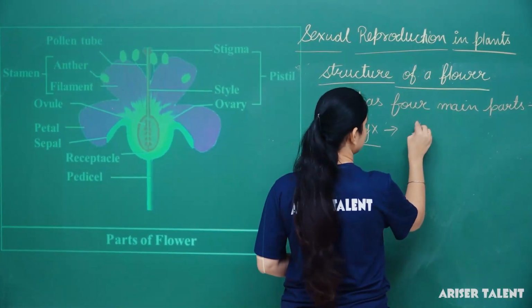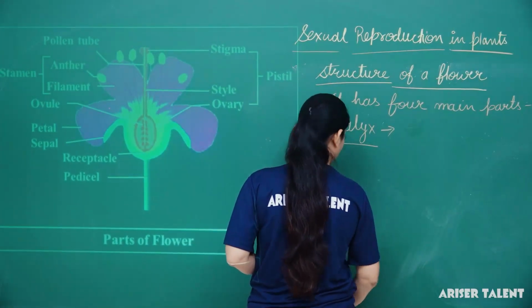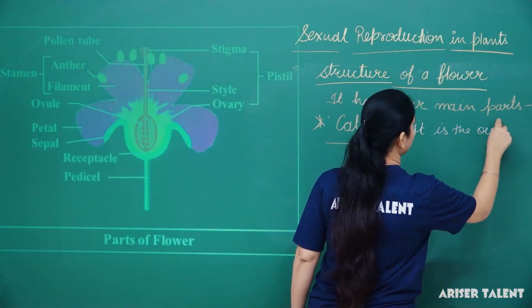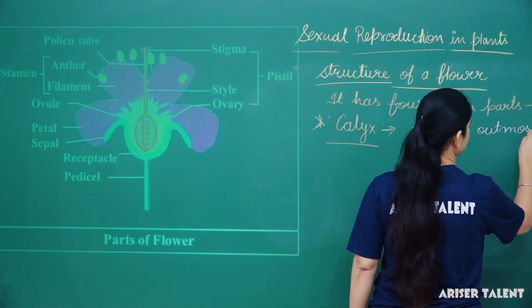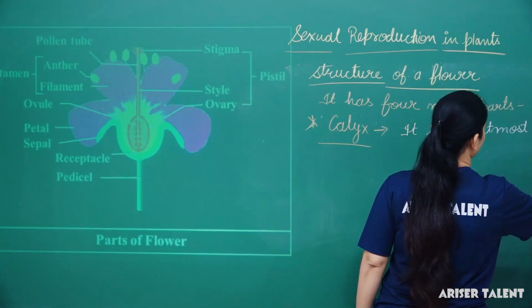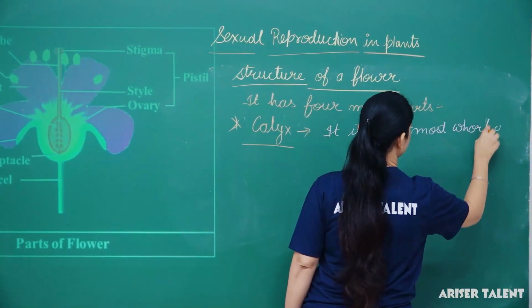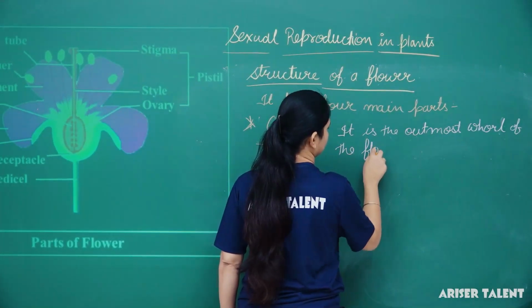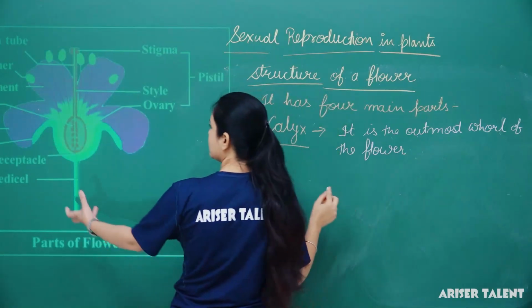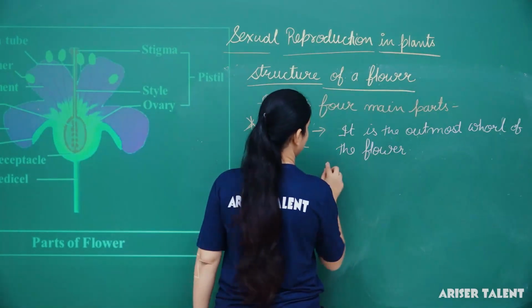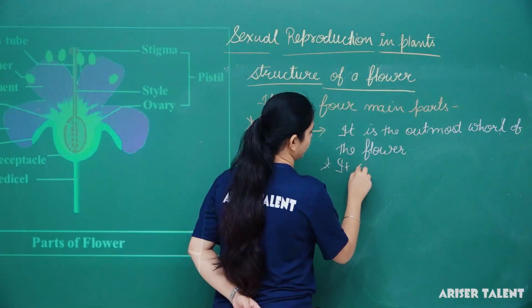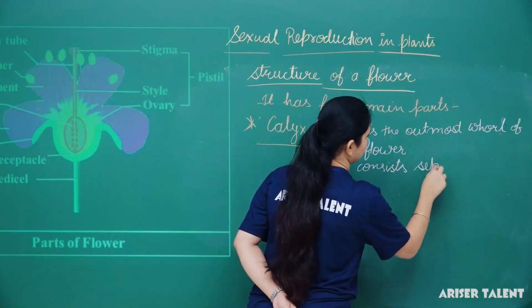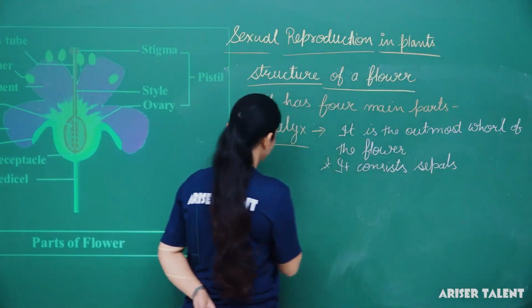It is the outermost wall of the flower. It consists of what? It consists of sepals.